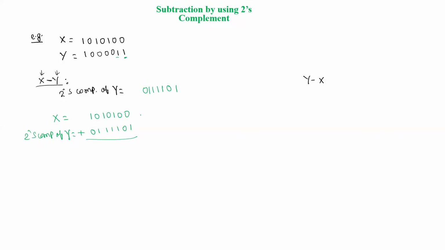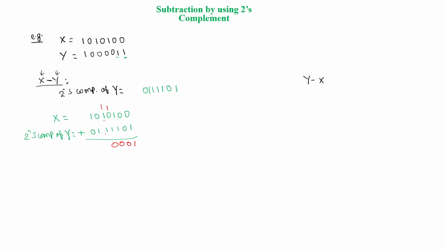Sign is plus. So 0 plus 1, we can change the color for better understanding. So now 0 plus 1, what we have? 1. 0 plus 0, 0. 1 plus 1, sum is 0, carry 1. Next 0 plus 1, 1, and this carry 1 plus 1, okay, sum is 0, carry 1.